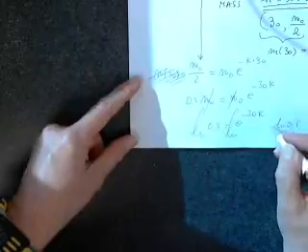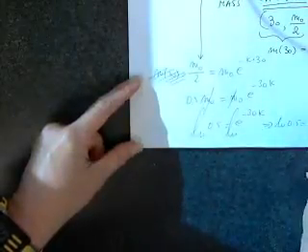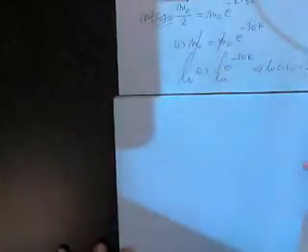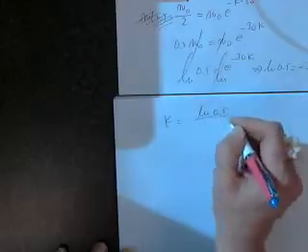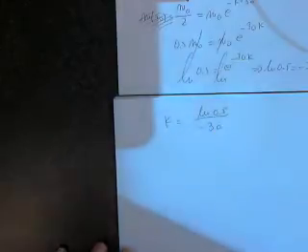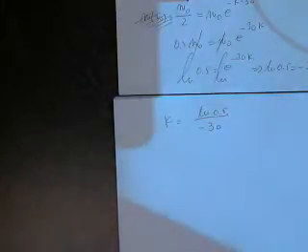I have natural log 0.5 equals negative 30k. Therefore, I know k must equal natural log 0.5 divided by negative 30. So when I put this in the calculator, I have natural log 0.5, and I divide by negative 30. I got that k is 0.0231.